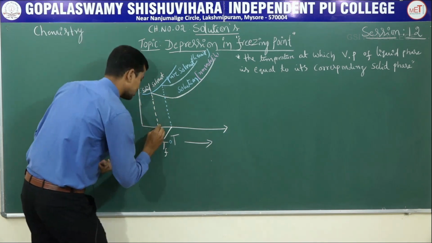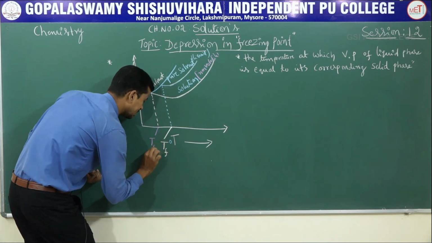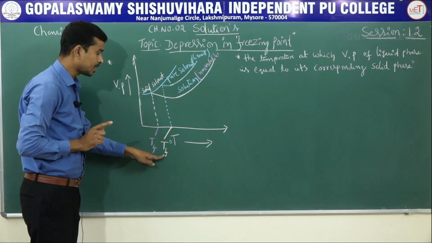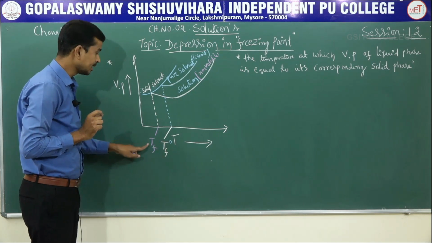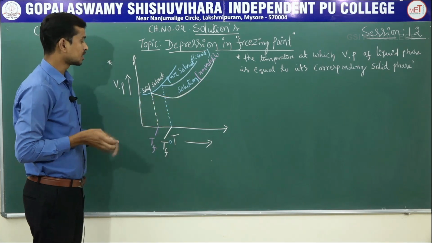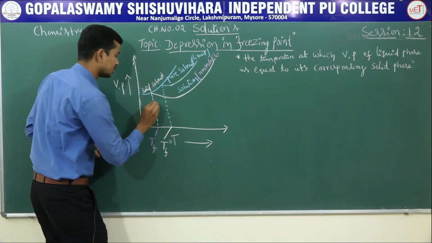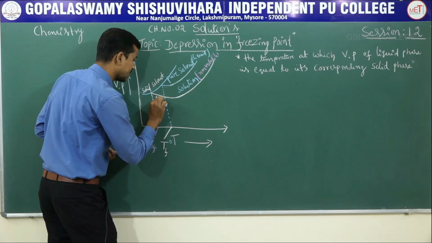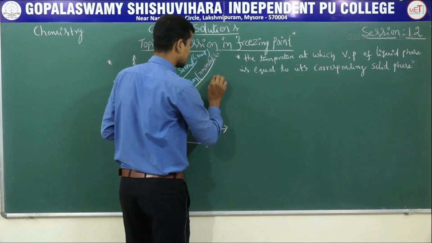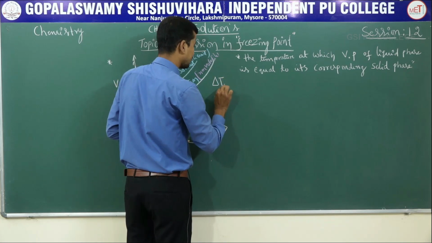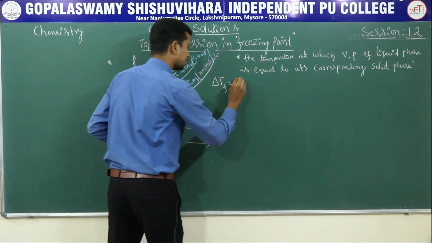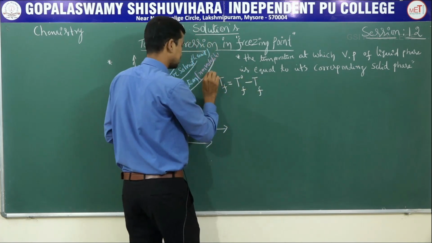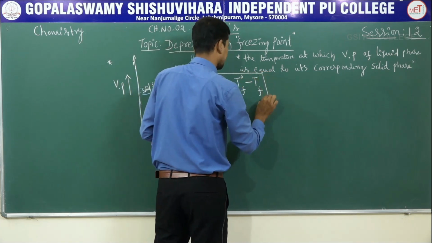This difference is called the depression in freezing point, delta TF. Delta TF is equal to T0F minus TF.